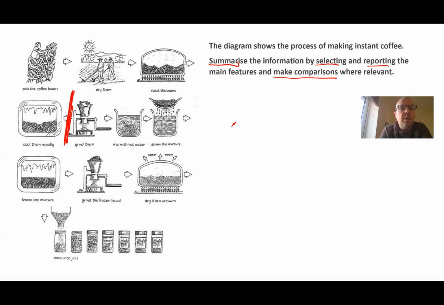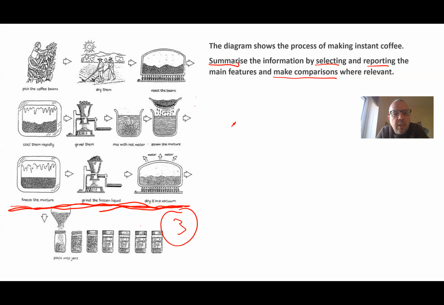Other ways you might want to do it: you might say the last one, for example, is a kind of packaging process. So this step 3 could be a phase on its own. You could say step 1 is a phase on its own as well.